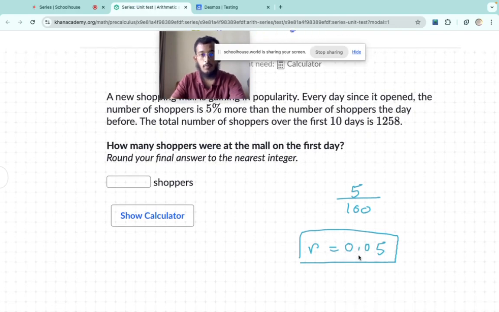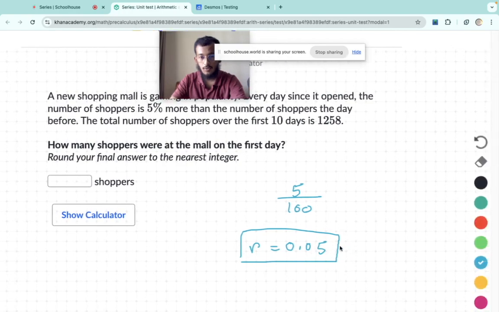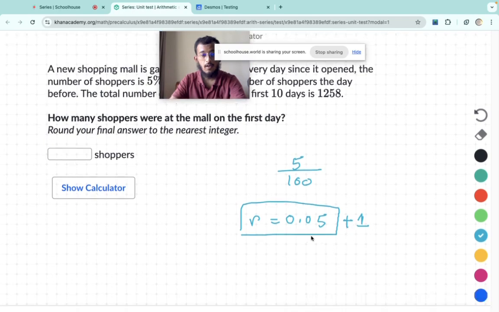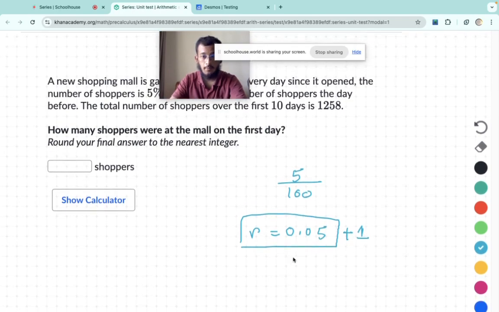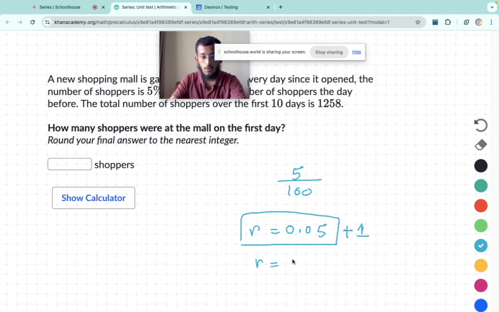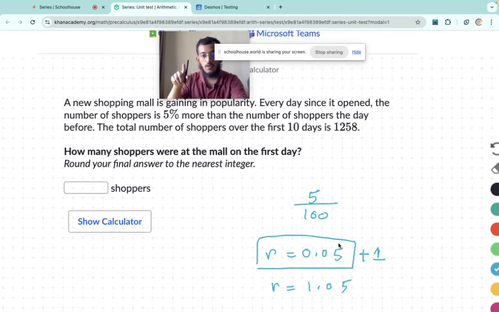So each term will be 0.05 plus 1, because the previous one is there. So R will be 1.05. I mean, the next term will be 1.05 times the previous term.